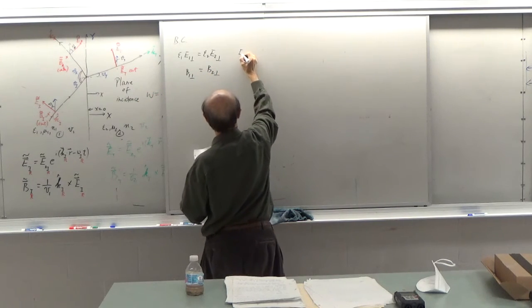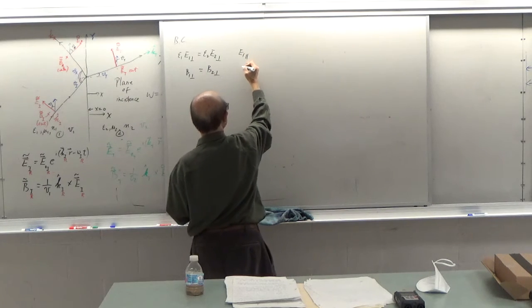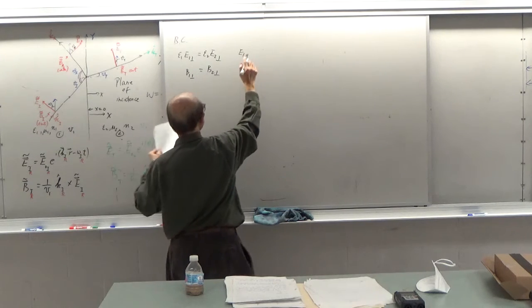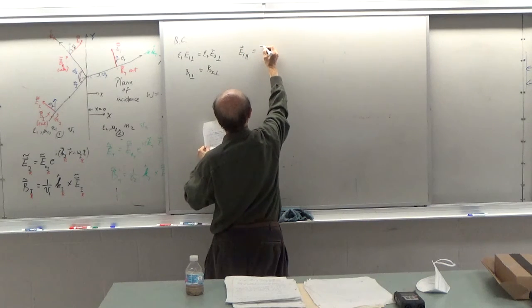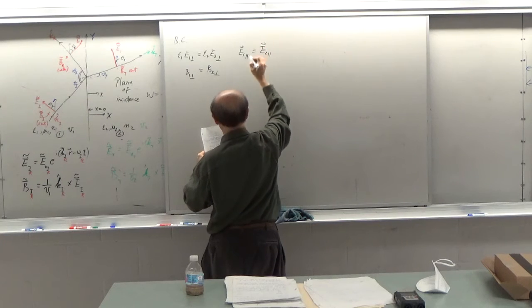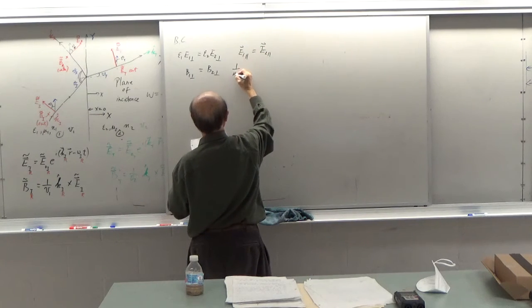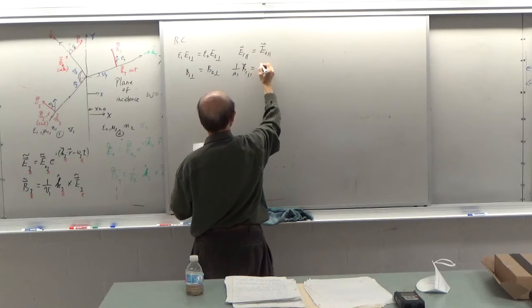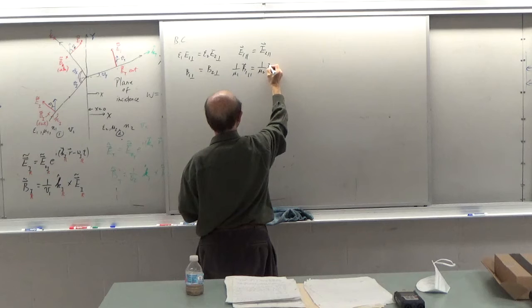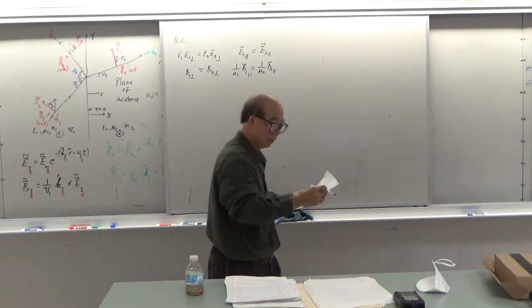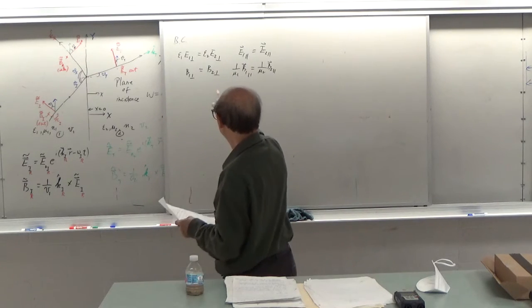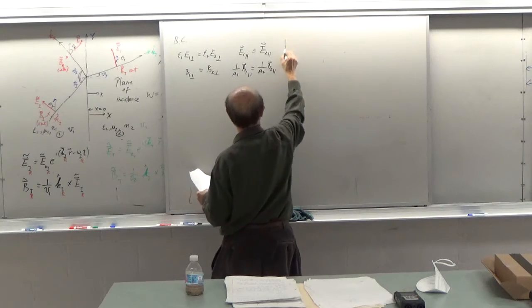And E1 parallel, of course, consists of 2 components, the y and z components, so it's a vector, is equal to E2 parallel. And then finally, 1 over mu 1 B1 parallel vector is equal to 1 over mu 2 B2 parallel. Okay, let's keep this in.